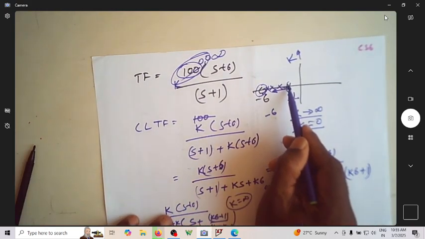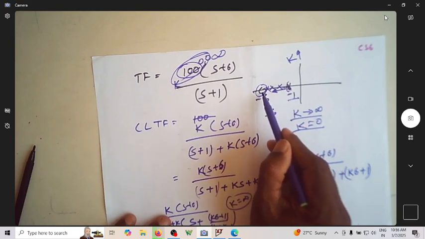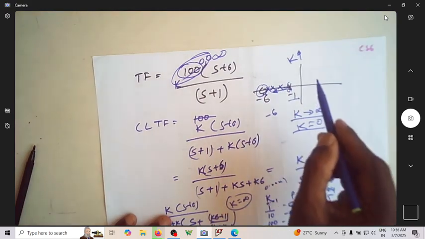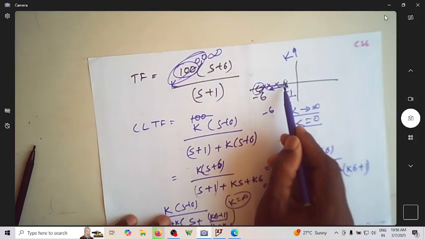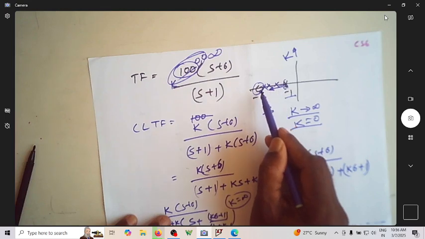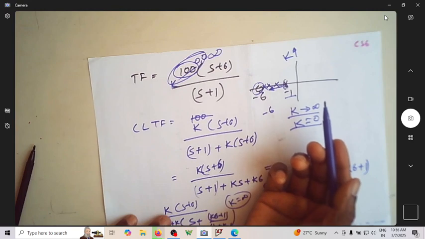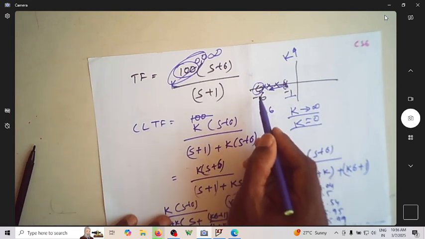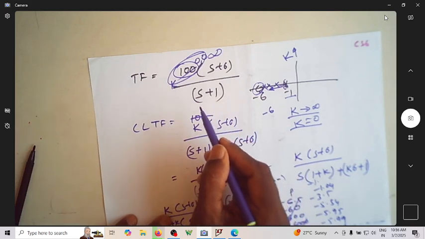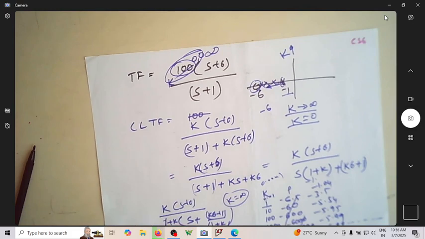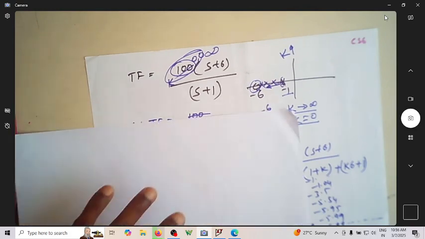Upon closure of the loop, if there is a zero available, the open loop pole which becomes a closed loop pole will move towards an existing zero. If there is no zero, then it will keep finding the zero position, which is at infinity.